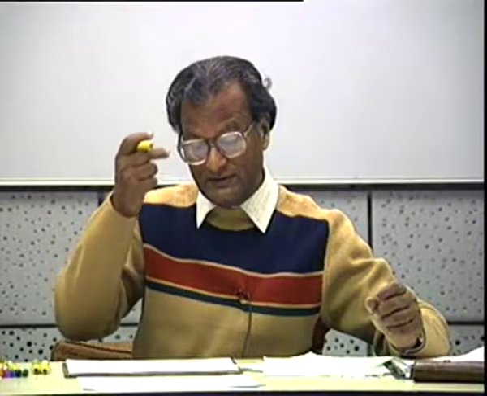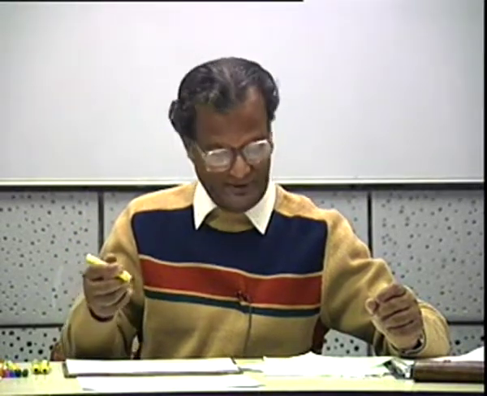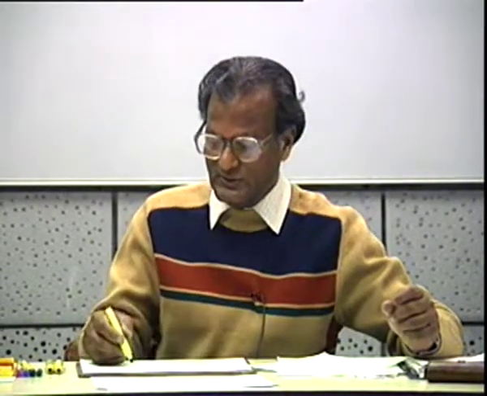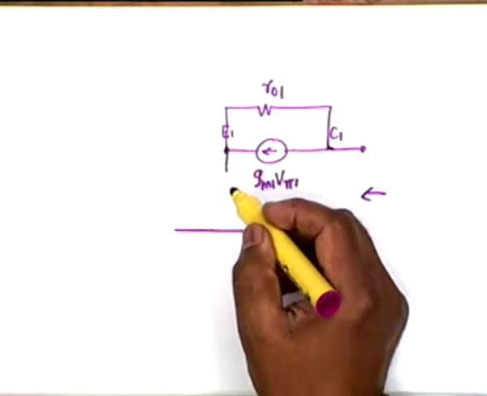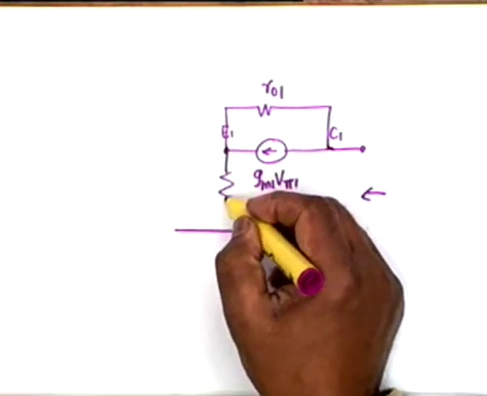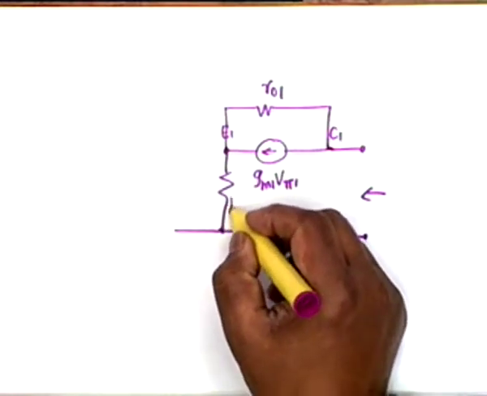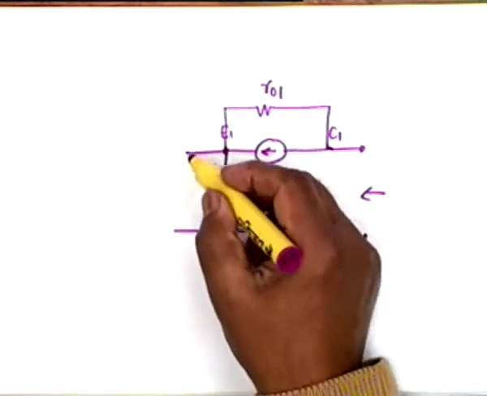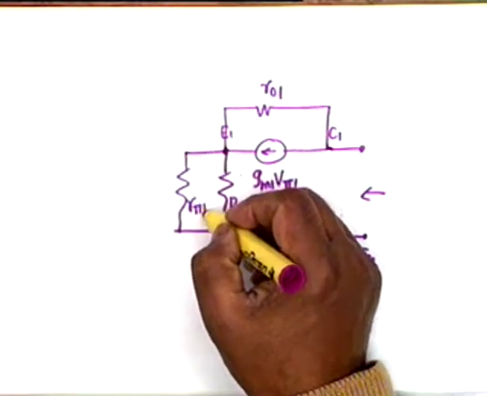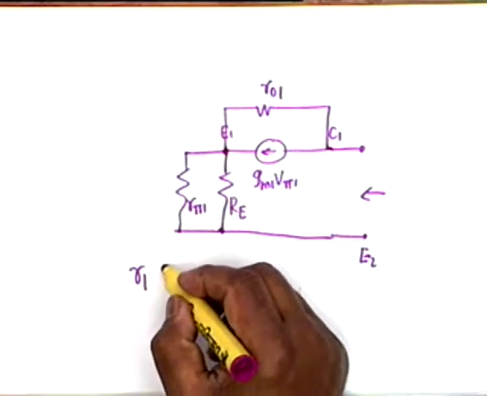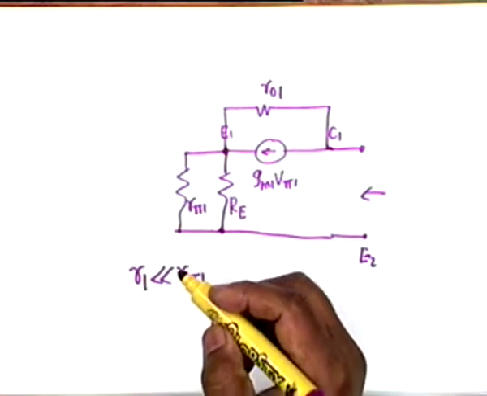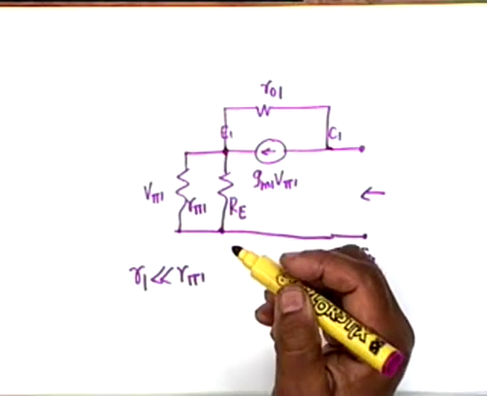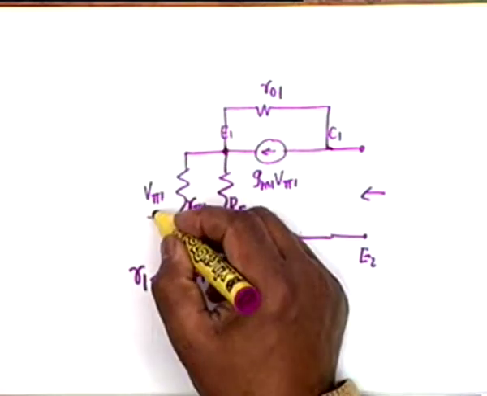I beg your pardon, this is not E1. Yeah, this is E1, C1 to E1. Between E1 and ground, there is a resistance of R. Okay, and in addition, from E1, R pi 1, because we have ignored R1. R1 is much less compared to R pi 1, and the potential difference is, which terminal is positive, lower one or upper one? Lower one. That's it.